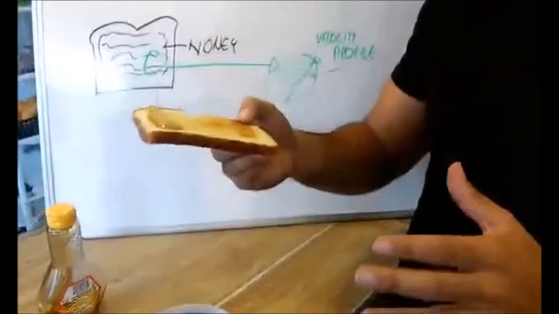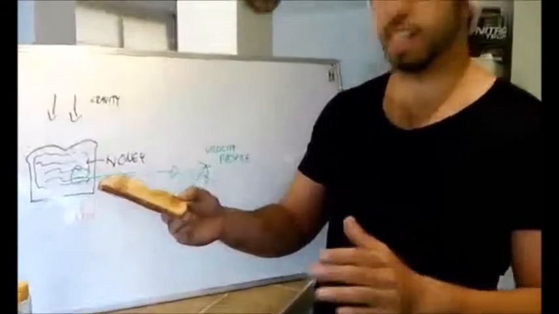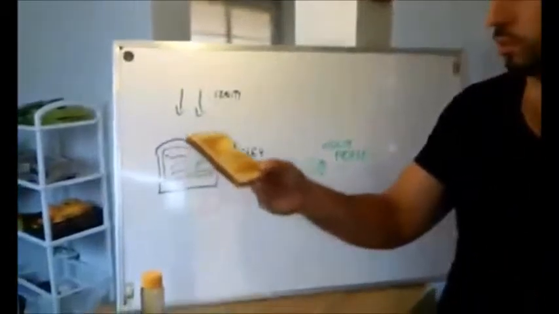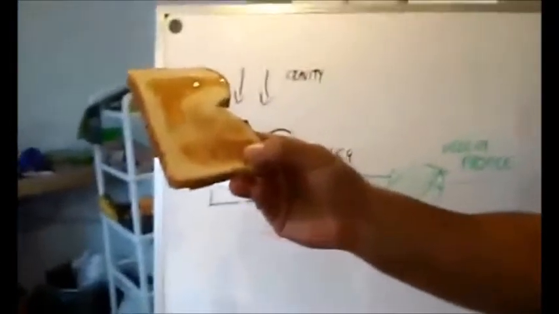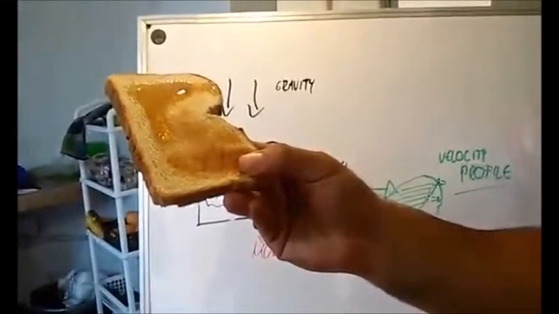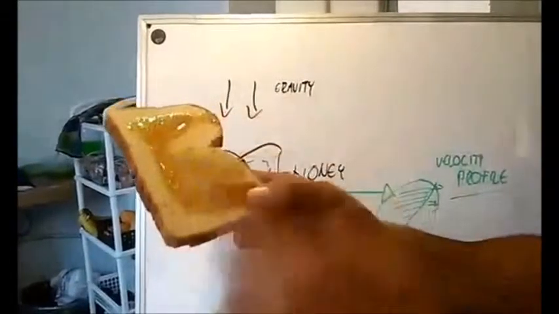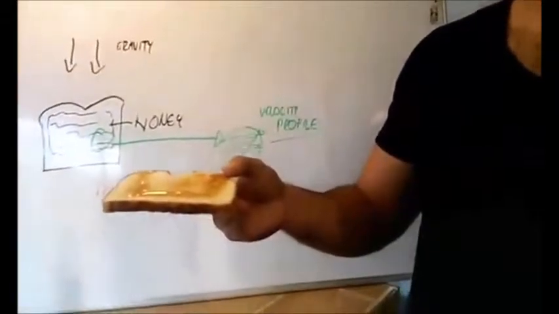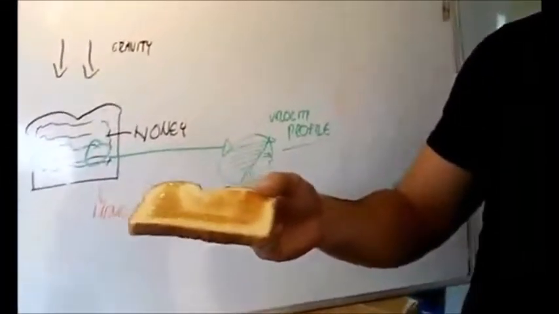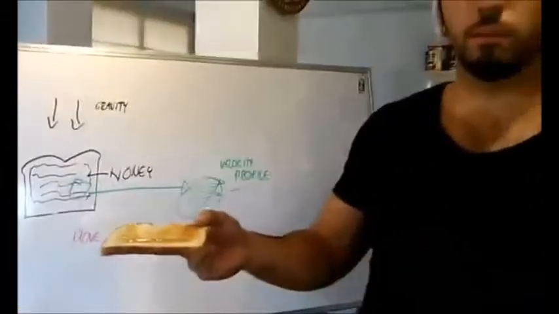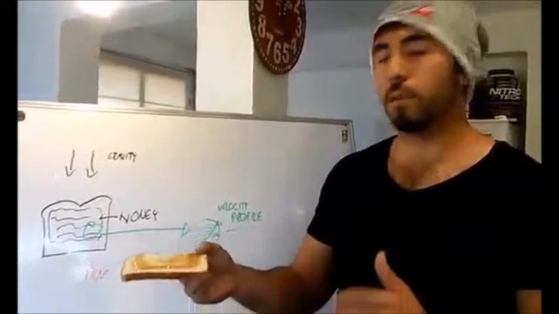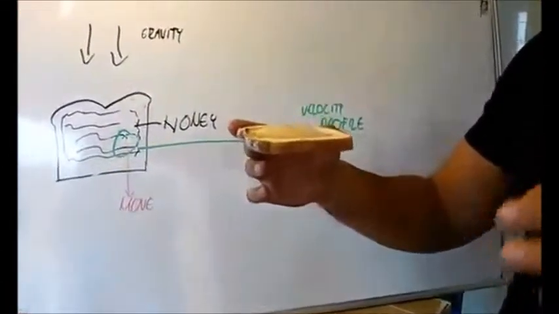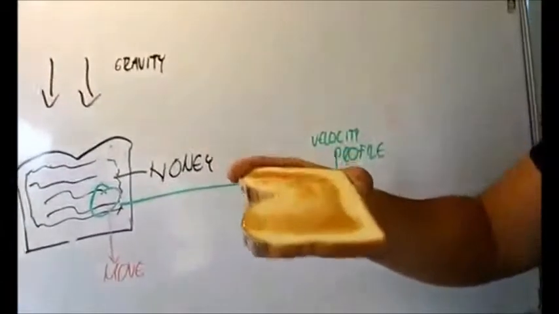I will increase the angle of inclination of the slice of bread to see how the honey, a viscous fluid, moves. See that? Now it can be seen that it moved and spread over the surface, but what happens if I move it backwards? It moves in the opposite direction.